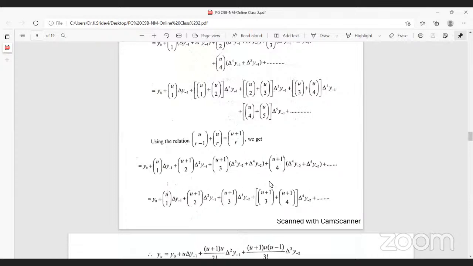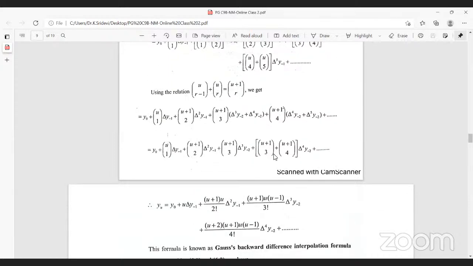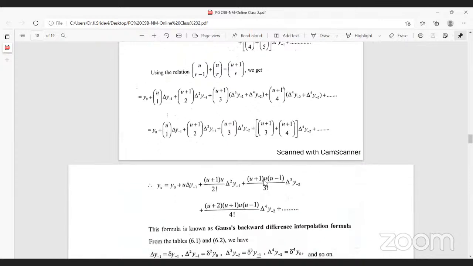Anyway, now you can convert this into single like this by using this relation. So all these terms are same, and this term can be converted into u plus 1 4 like this.